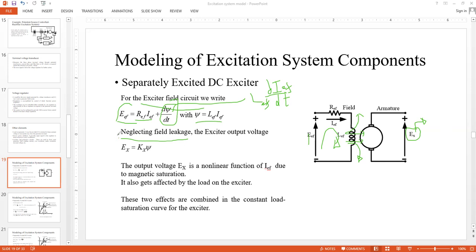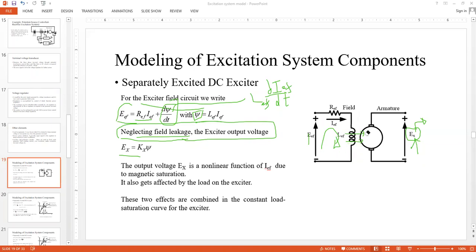However, if we can neglect this leakage flux, then we can assume that EX, the output voltage, is simply a function of the total flux linkage. So we are assuming that none of the flux generated by the field coil of the exciter is going away uncoupled from the armature coil.